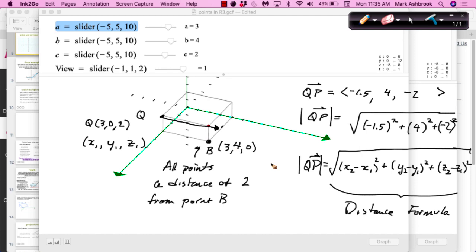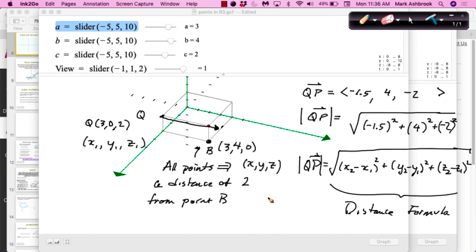So all points could be represented how? How could I represent that? So I need variables, right?